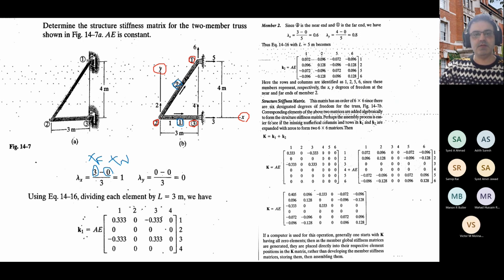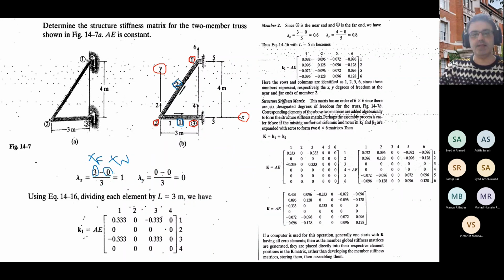For element number 1, the near end is joint 2. Sorry, the far end is joint 3. So x for the far end is 3 meters. The origin is here. And x for the near end, which is joint 2, is 0, which is just here. So over 3 meters, which is the length of the element.